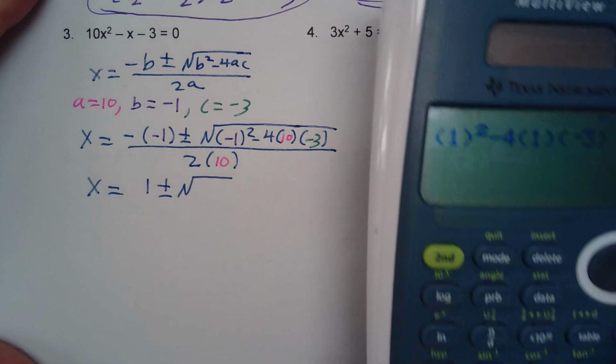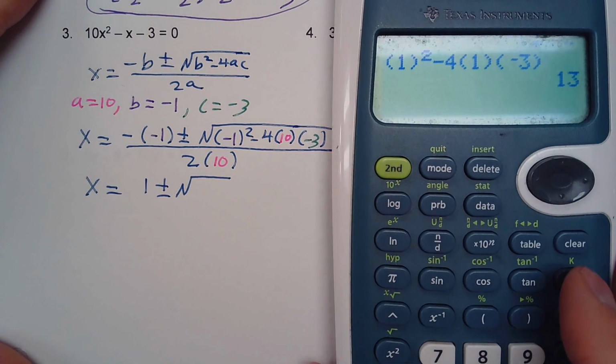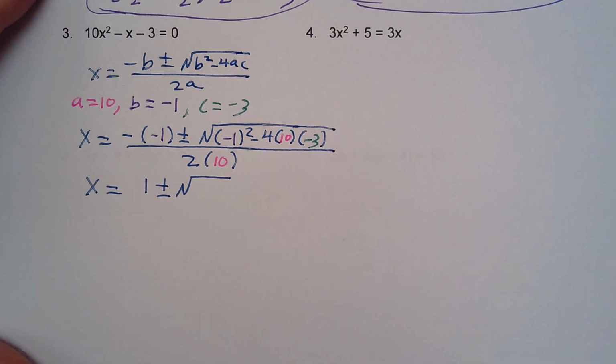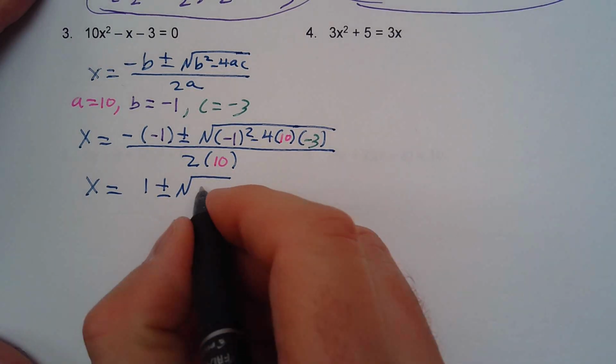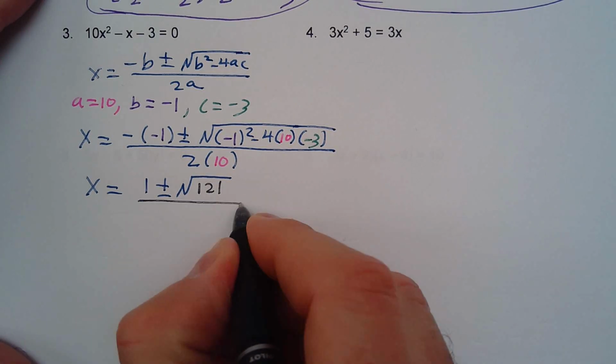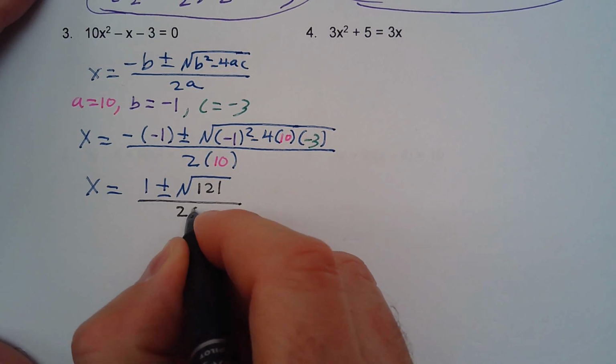And let's go ahead and do that on our calculator. So that's 121 over 2 times 10 is 20.